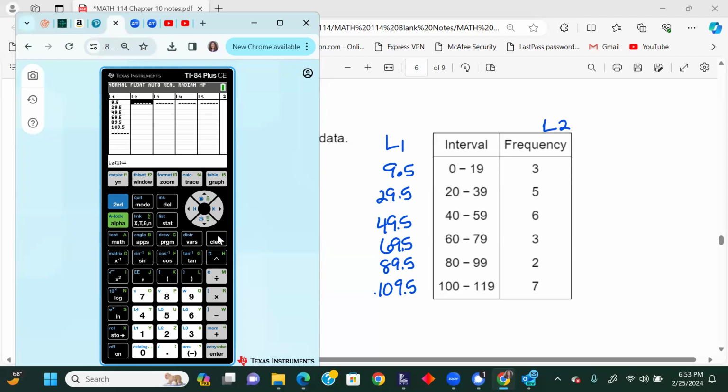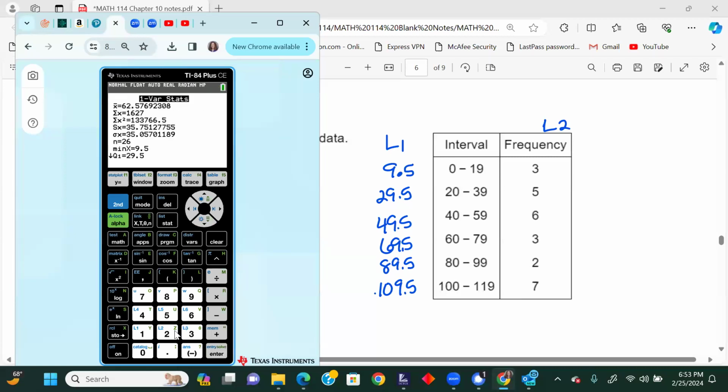Frequency is going to go on the right. Go Stat, go to Calculate, one var stats. And again, this one we have a frequency list, so we're going to hit Second for frequency list, and number 2, it tells us to use L2 as our frequency.